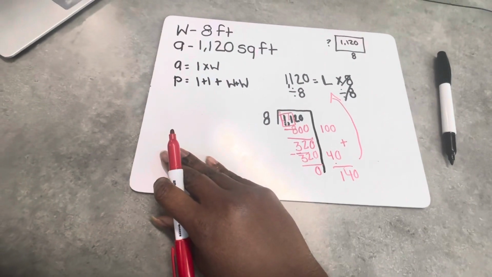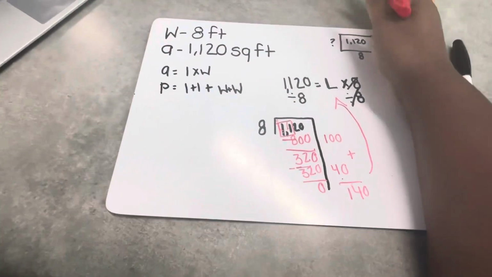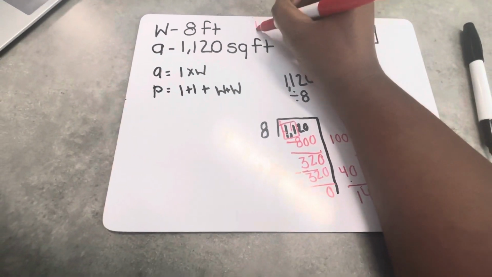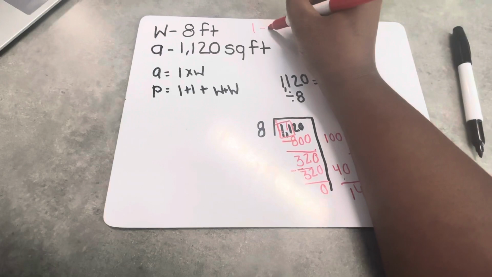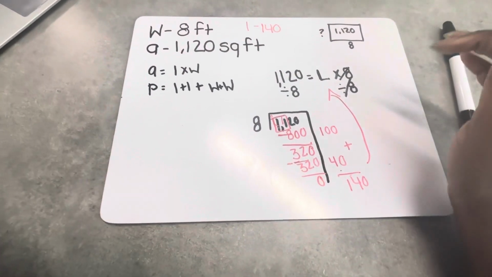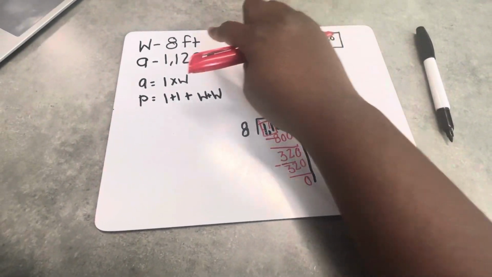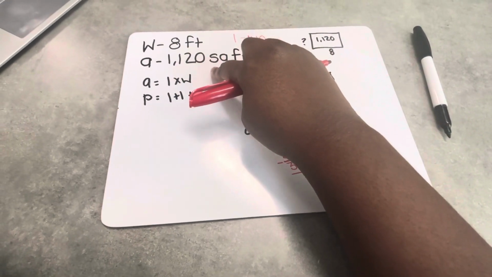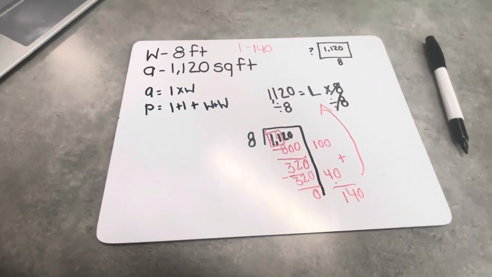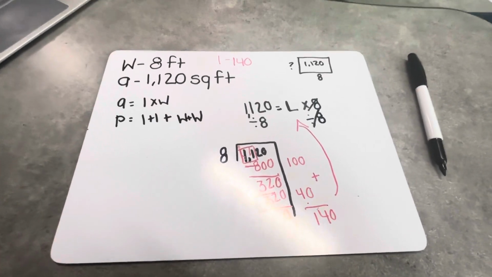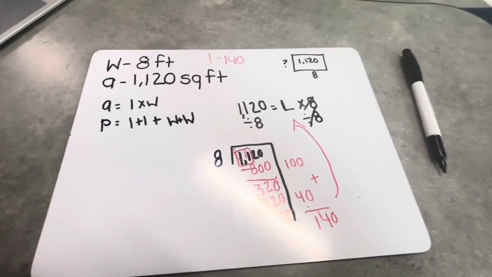So we can actually plug that in. We had a W, we already knew. We had our A. We now know what our L is, which is 140. We can always go back and double check because we can multiply 140 by 8 and we should have 1,120. So now that we know our L, we can figure out our perimeter. We're going to just plug those numbers in.